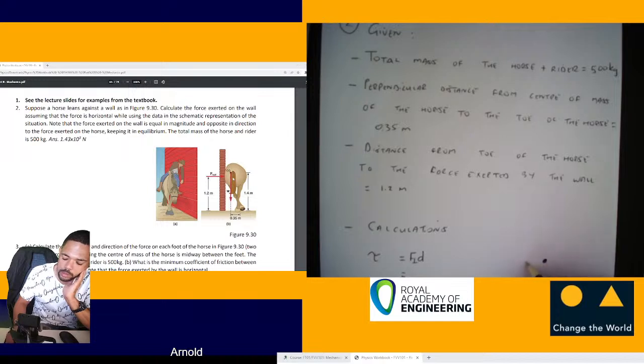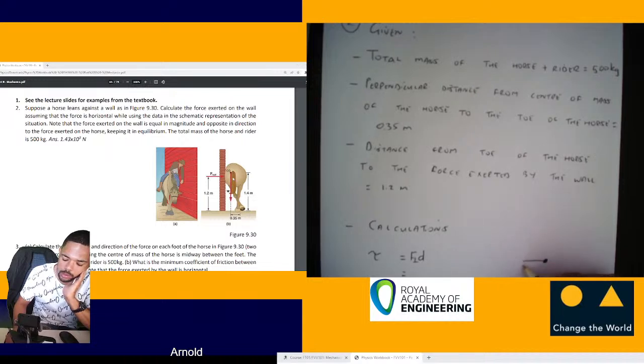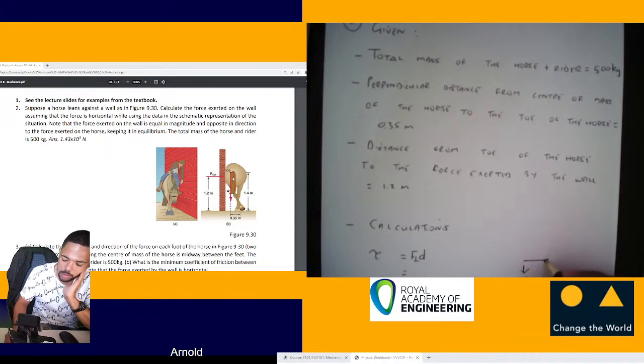This is the weight of the horse and the rider acting right here. The weight is the force, and that distance from the toe to its center of mass is 0.35 meters.